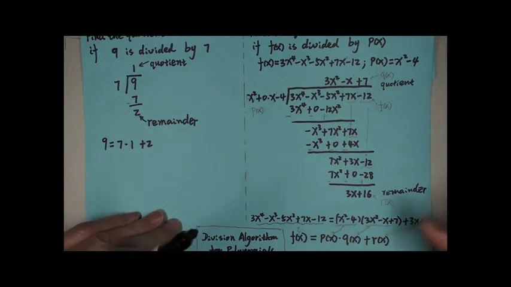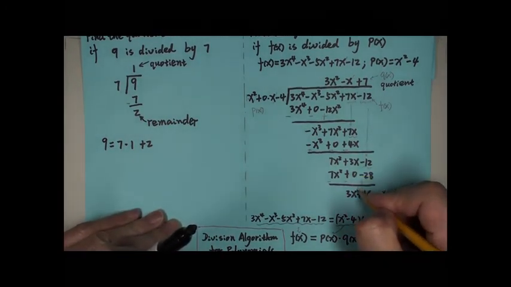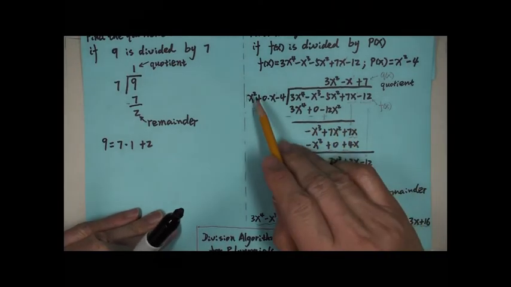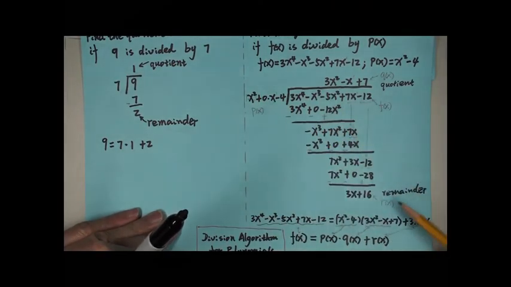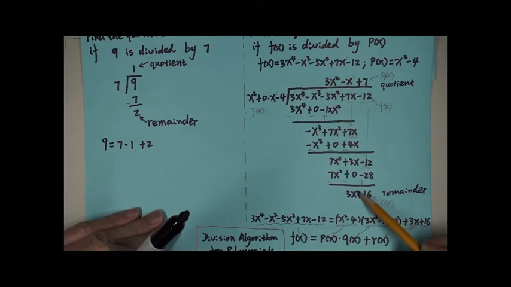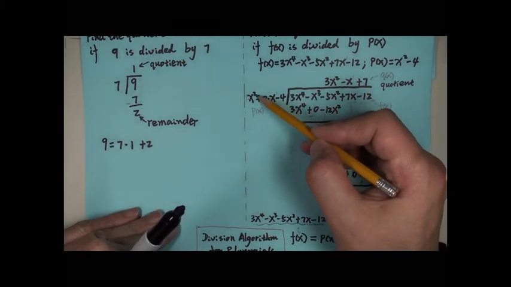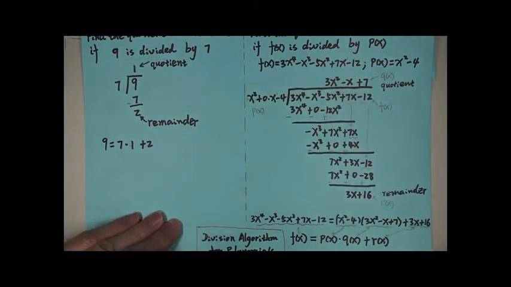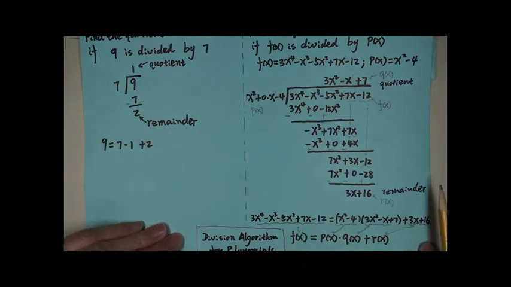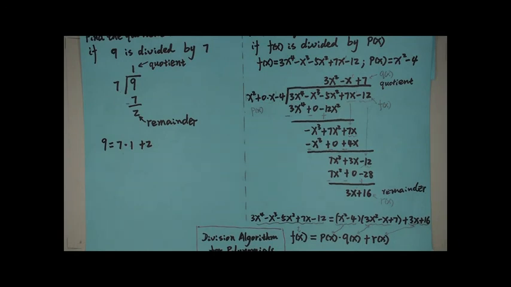Here the exponent of the remainder is 1, and the exponent of the divisor is 2. If the remainder's exponent is less than the divisor's exponent, our division is done. Alright, I'll see you next time.